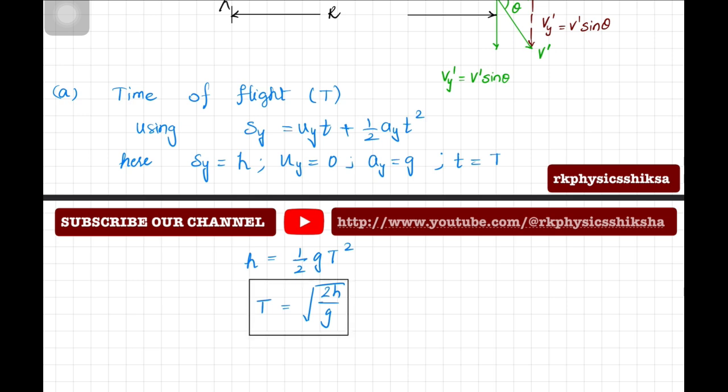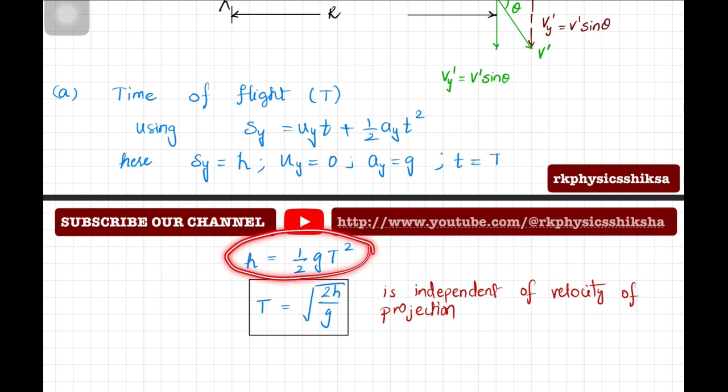If you observe here, this time of flight is independent of the velocity of projection. And remember, here itself we can calculate the height.